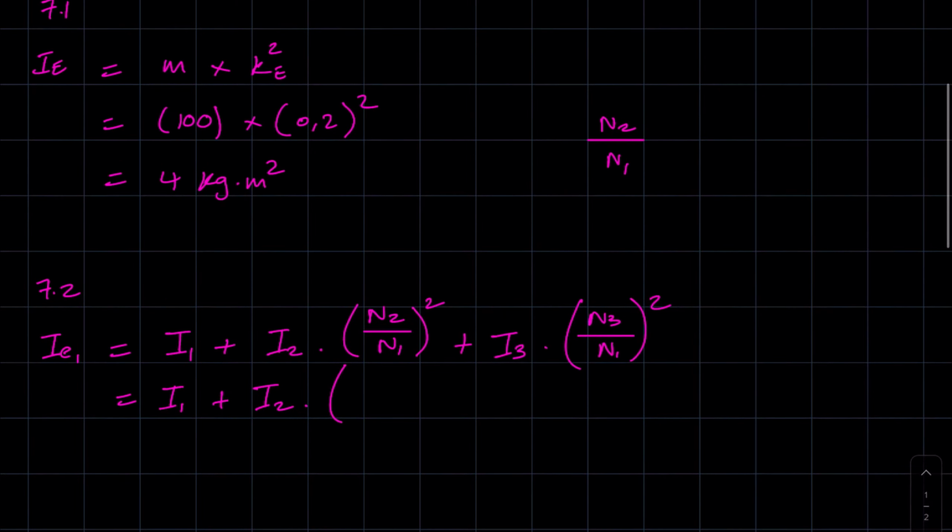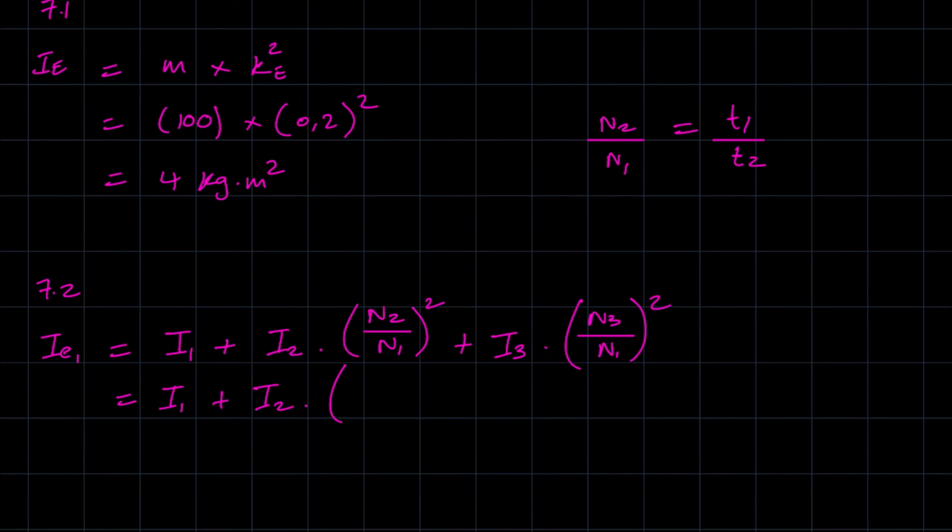To express this in terms of number of teeth, remember that the number of teeth will be essentially the inverse of what we have in terms of the rotational frequency. So you would have T1 over T2, type thing.